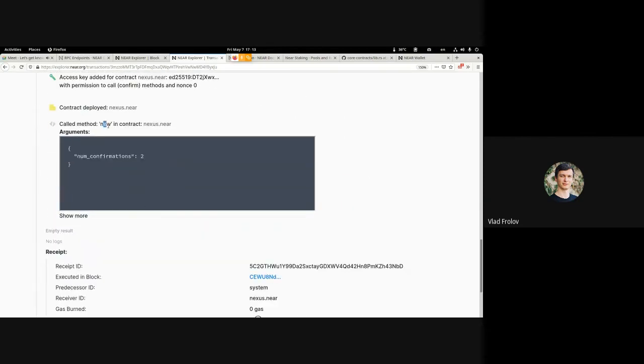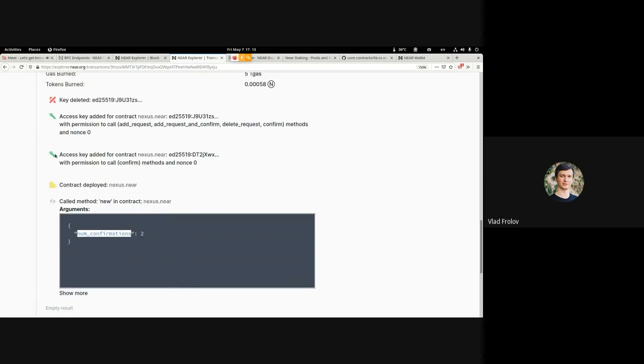The new method is just a function call with the parameter num confirmations equal to 2. The necessary piece is to actually have 2 keys on the account in the first place, and this account has them. One is from wallet, which you can see here.